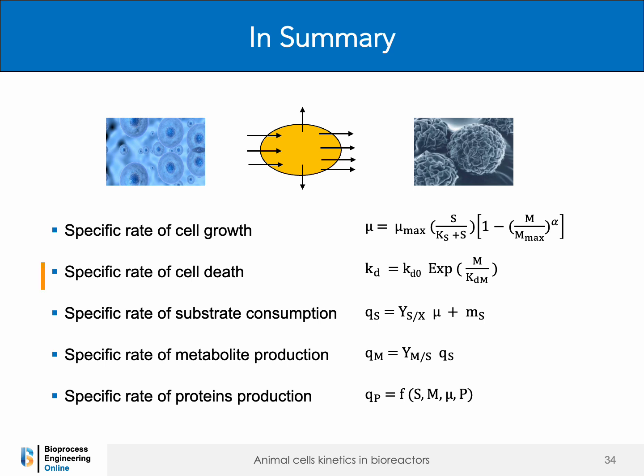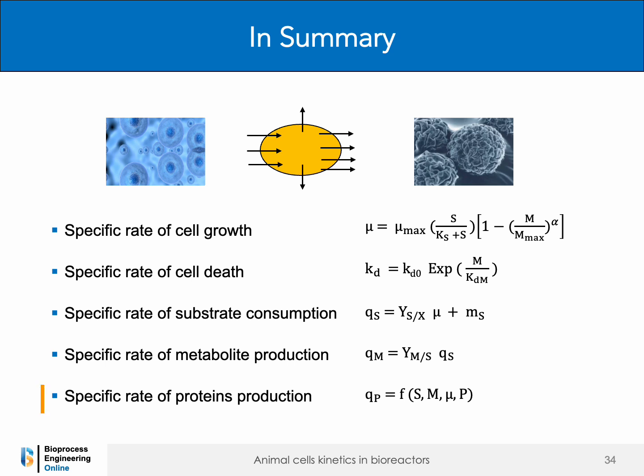Specific cell death models, describing the acceleration of cell death as toxic metabolites accumulate. Specific substrate consumption models, which distinguish between nutrient consumption required for cell growth and that required for cellular maintenance. Metabolite production models, which relate metabolite formation to substrate consumption while accounting for metabolic adaptations under nutrient-limited conditions.